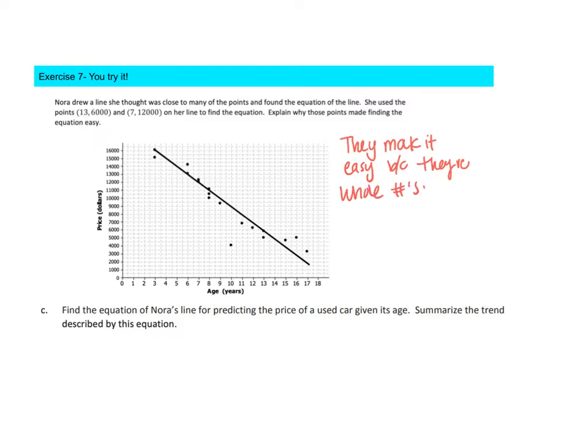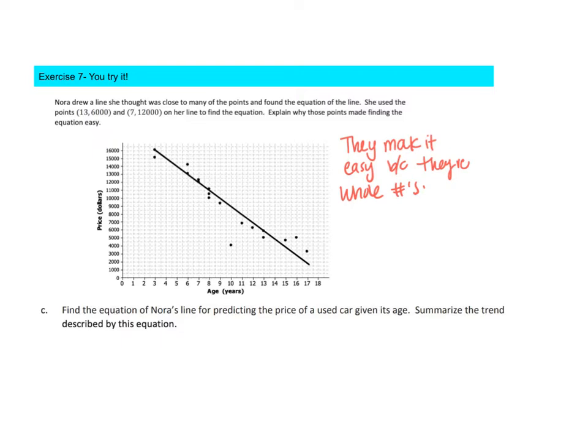When we go to find our m value, we have to do a lot of subtraction, and we don't want them to be like 13.85, 6,221, right? We just want them to be nice, clear, whole numbers so that we can calculate that easily.